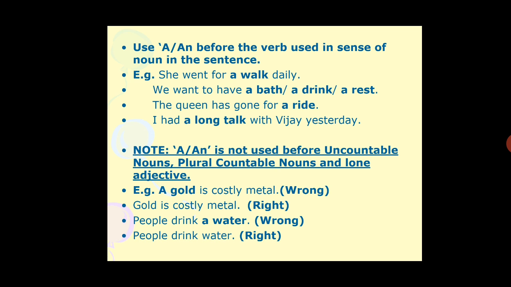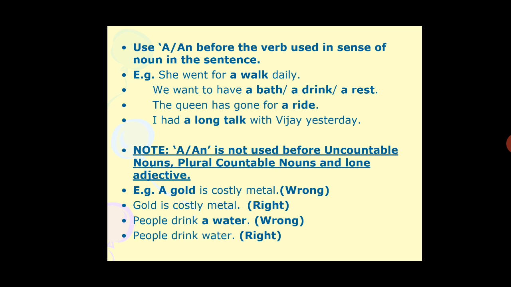So a walk here, you can understand it is a verb, but here it is designated as a noun. So she went for a walk daily. We want to have a bath, a drink, a rest. The queen has gone for a ride. So these are the words, they denote verbs, but here they are representing nouns. Okay.